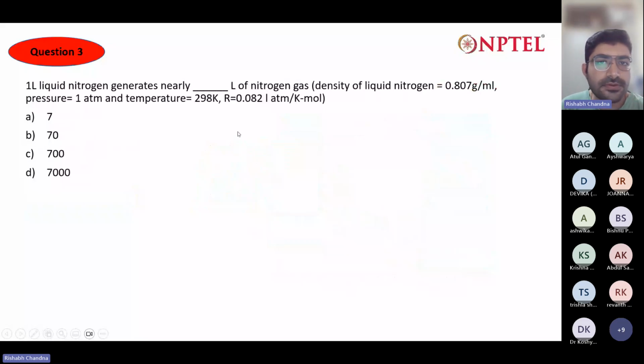I hope everyone would remember some of the basics of the gas equations and all those stuff. So the question states 1 liter of liquid nitrogen generates nearly dash amount of nitrogen gas. So here is the information that I have given. You might require these things in your calculations.